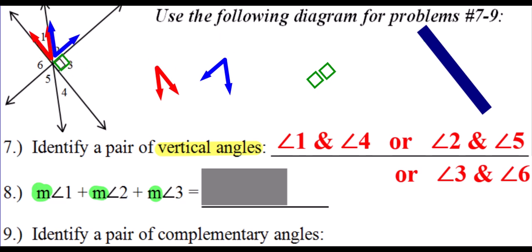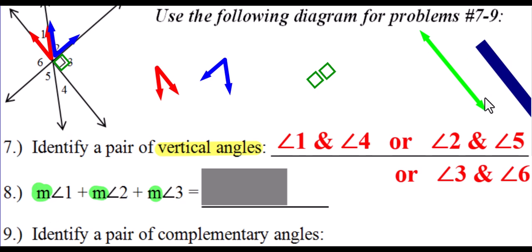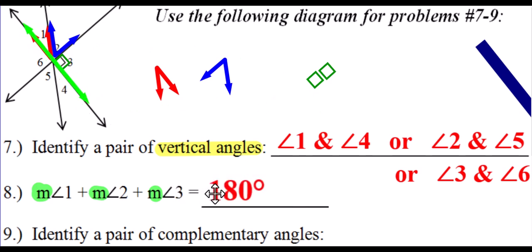Those 3 angles would together form, boom, a straight angle. What do we know about the measure of a straight angle? We know it is 180 degrees. So since those 3 angles together formed a straight angle, we know the 3 angles' measures would add together to equal 180 degrees.